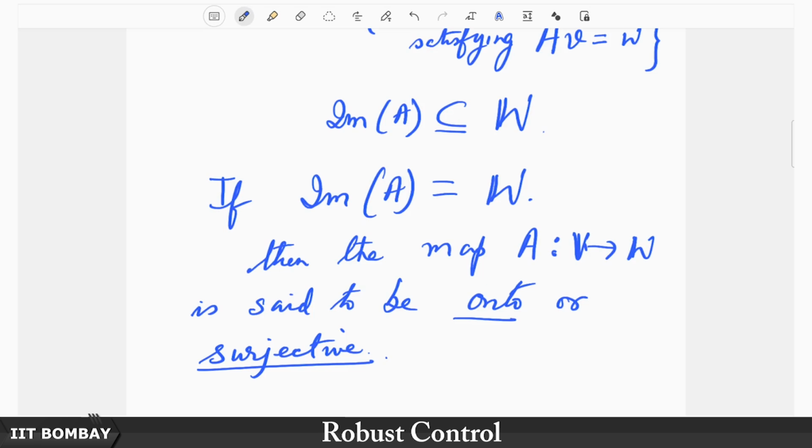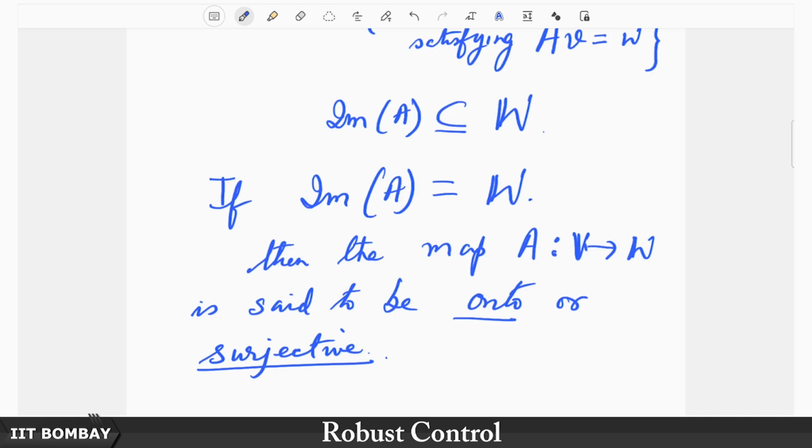So, if it is a many to one map, then you do not know if multiple objects might map to the same element in W. We are not guaranteeing that that will not be the case. We are saying there is at least one element in V which through this linear mapping gets mapped to this element w. And now, if every element in W has at least a pre-image, then you say it is an onto map.